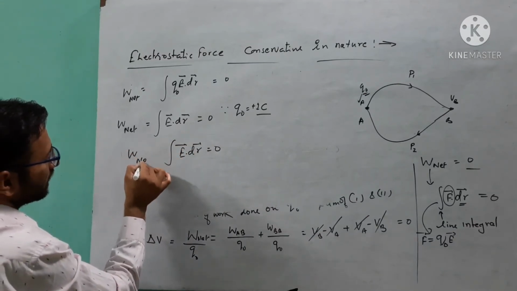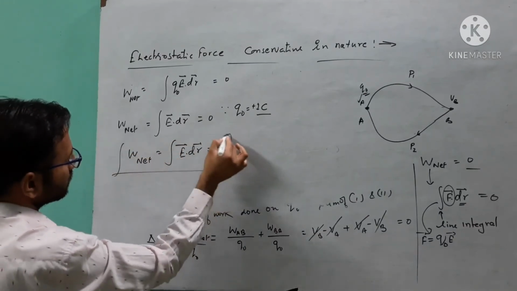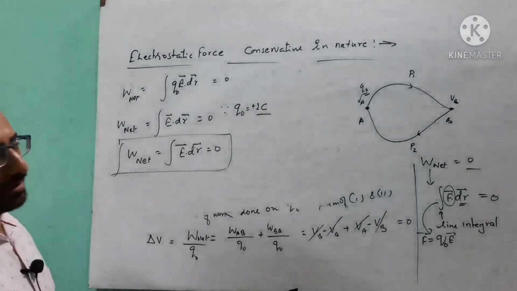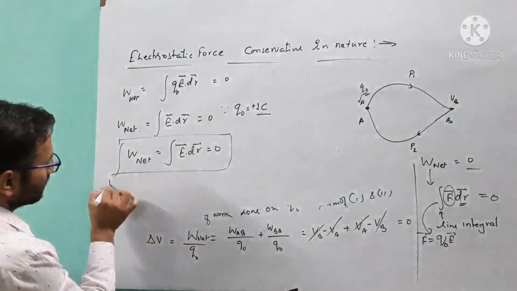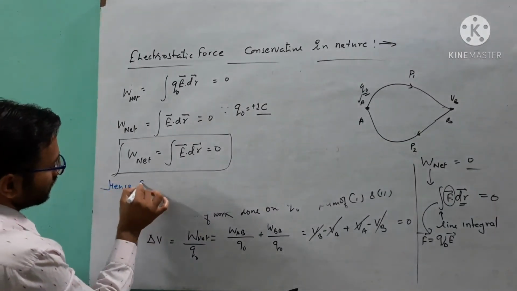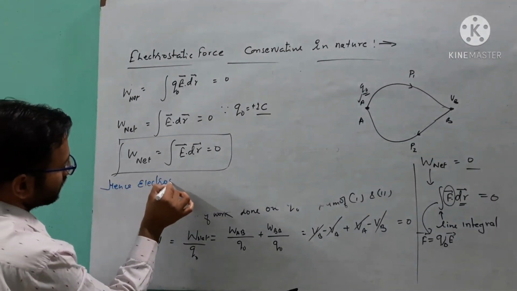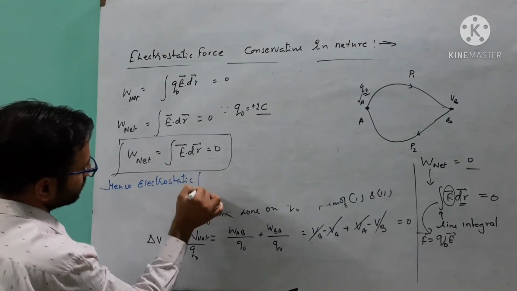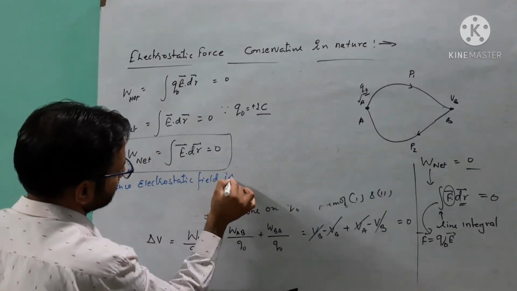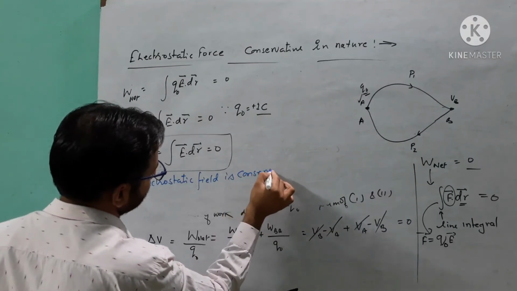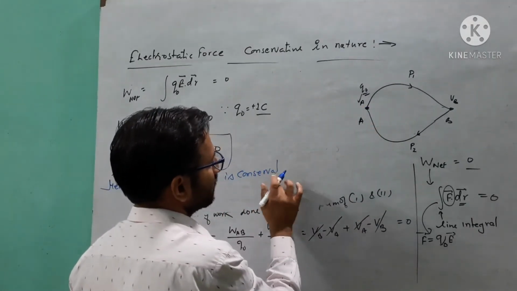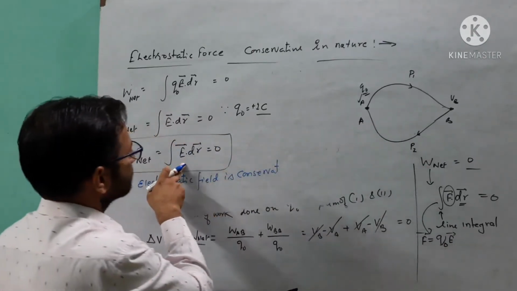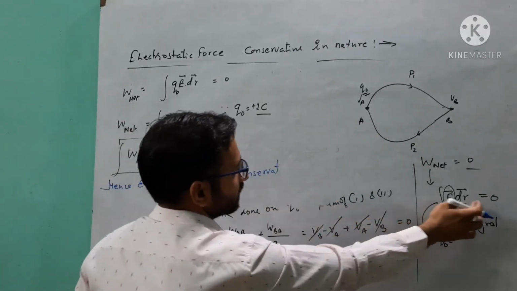So the conclusion is that, hence, the electrostatic field is conservative, because the amount of work done by the electrostatic force, either in this way or this way, is equal to 0.